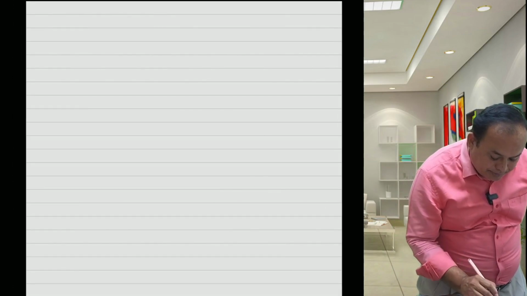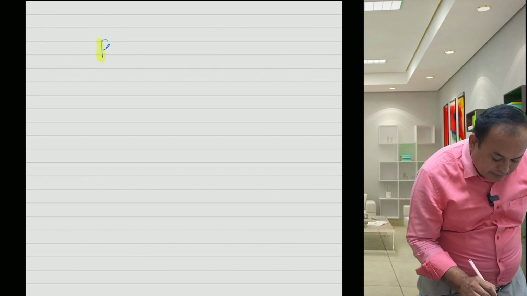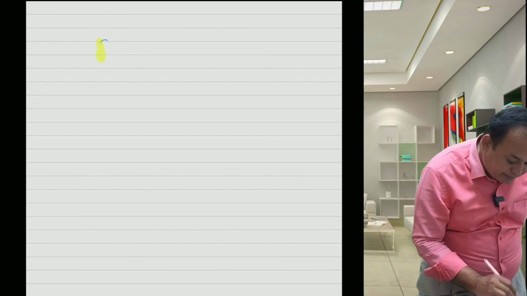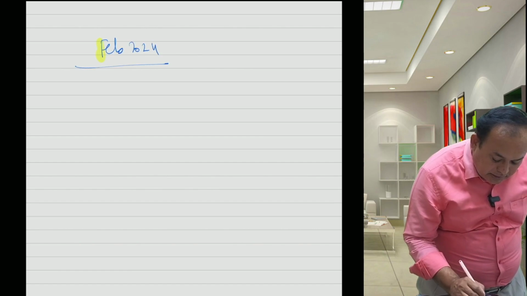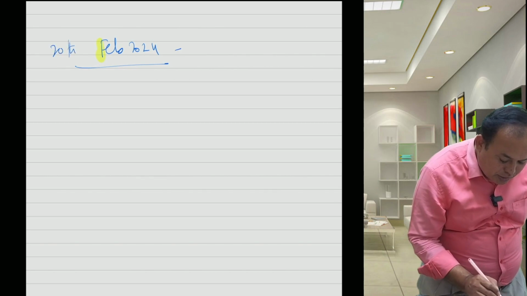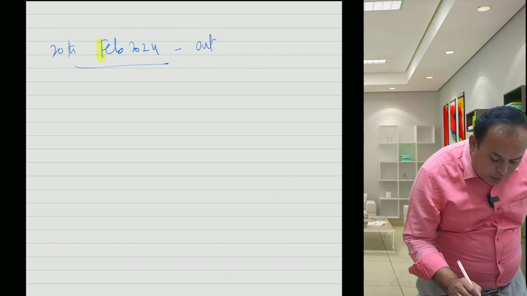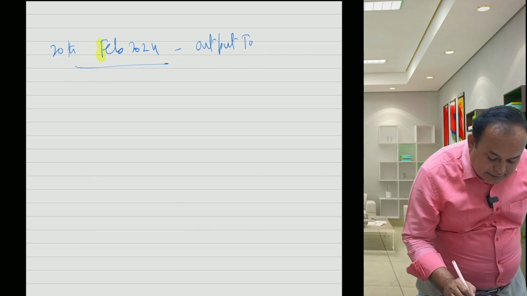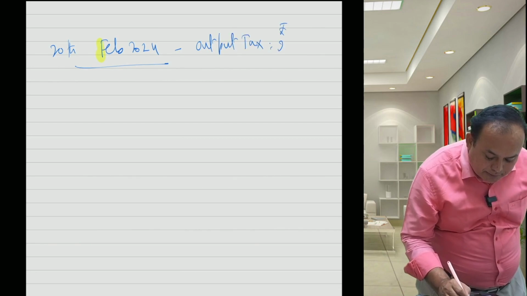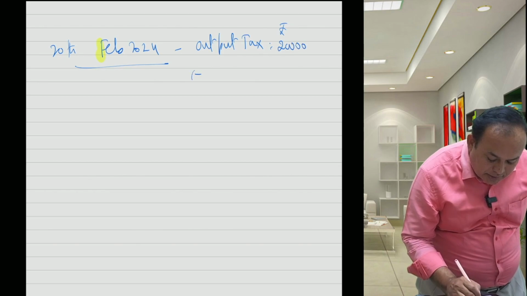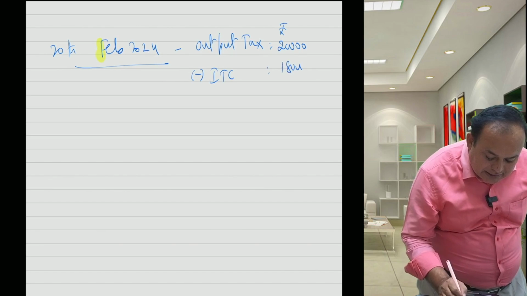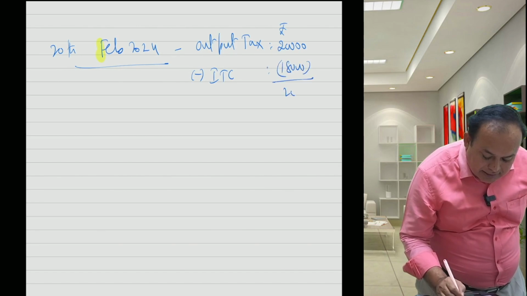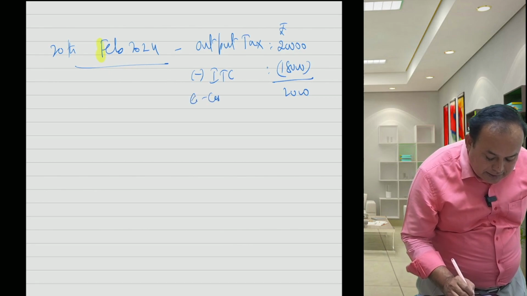For example, on 20th February 2024, output tax is 20,000, less input tax credit of 18,000, balance 2,000 is paid by electronic cash ledger.